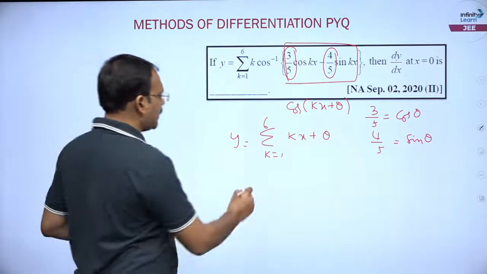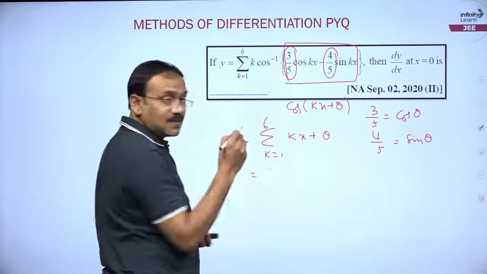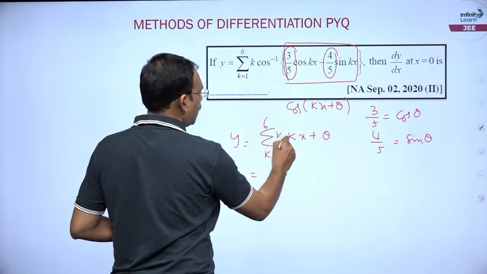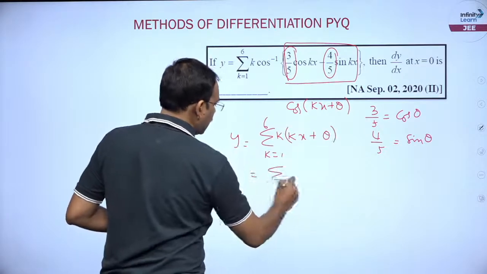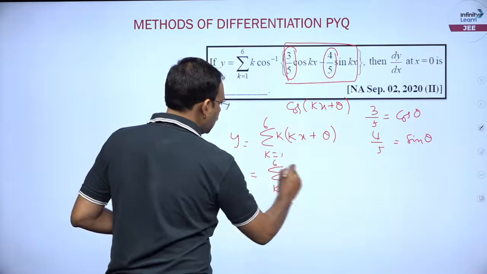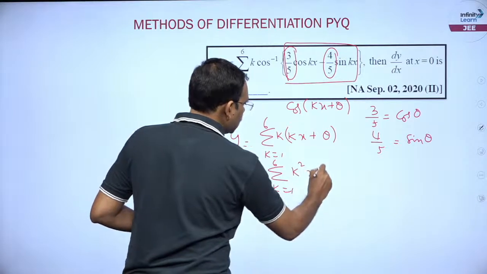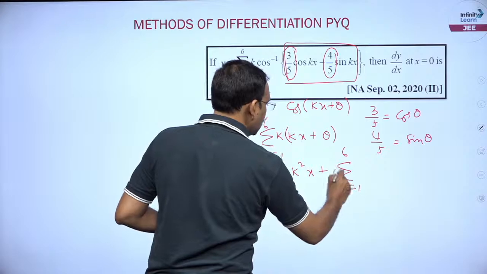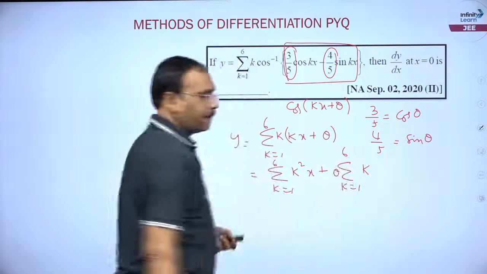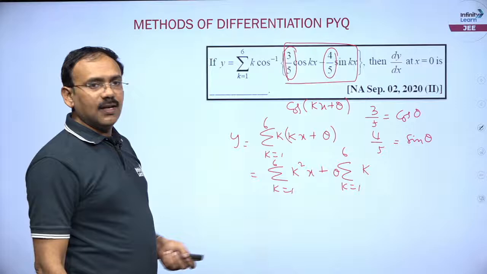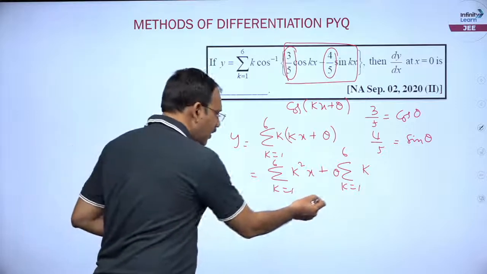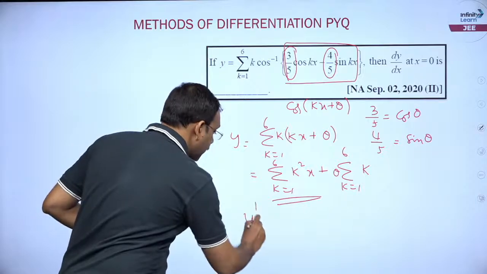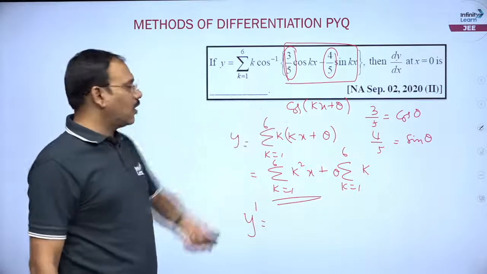So you just apply sigma, friends. Sigma is on, of course, into k is also there. So sigma k equal to 1 to 6 of k square x plus sigma k equal to 1 to 6 of theta into k. Now, this is y. You see, the variable is present only here, this is a constant. You just take the derivative with respect to x, dy/dx I want.